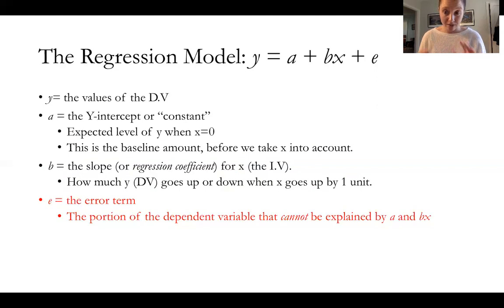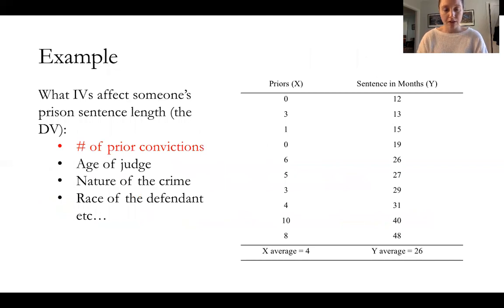Okay, so I think an example will be very instructive here. Here's our example. Let's pretend that we are interested in what affects how long a jail sentence is. Some people spend a long time in jail or prison. Some people spend a short time. We're interested in what variables predict someone's prison sentence length.